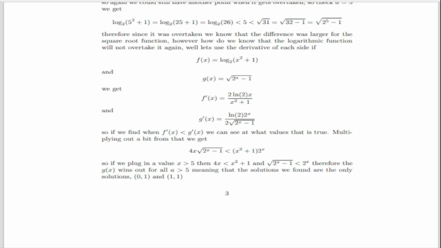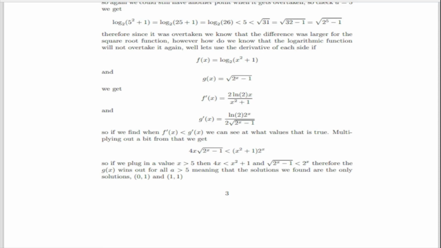So if we find when f prime of x is less than g prime of x, we can see what values that is true. Multiplying it out a bit, we get 4x times the square root of 2 to the x minus 1 is less than x squared plus 1 times 2 to the x. We need to find what x values that's true for.